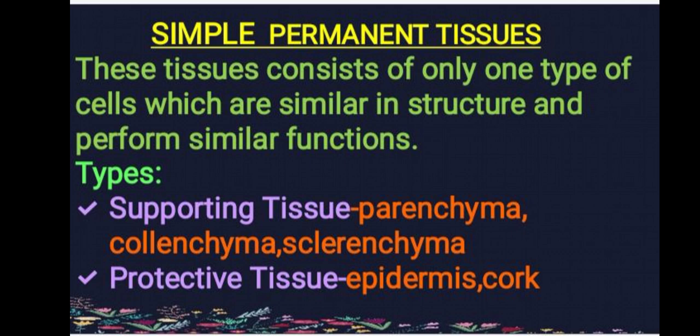It can be broadly of two types: supporting tissues, which can be further categorized as Parenchyma, Collenchyma and Sclerenchyma, and protective tissue, which can be categorized as epidermis and cork. Students, in this video lesson, we are going to talk about different types of supporting tissue.